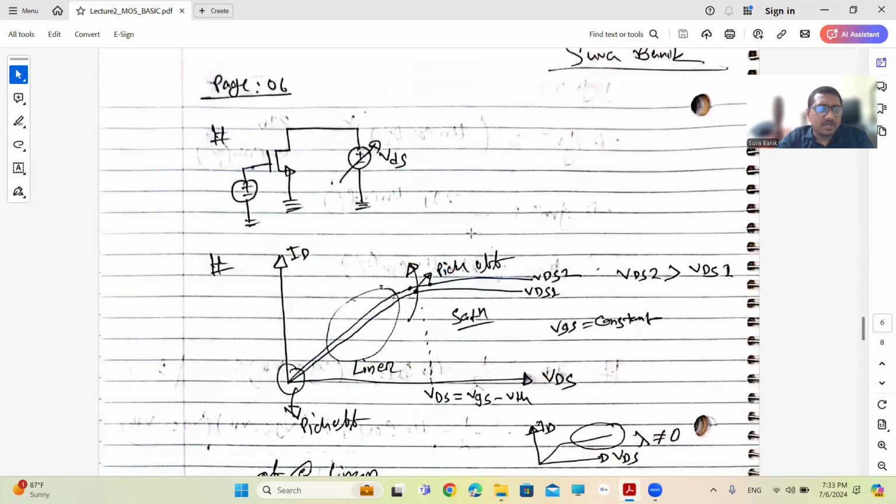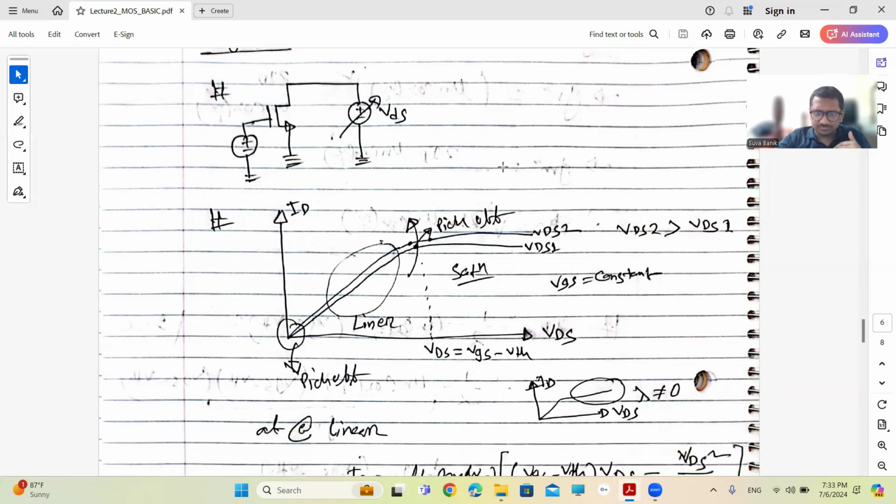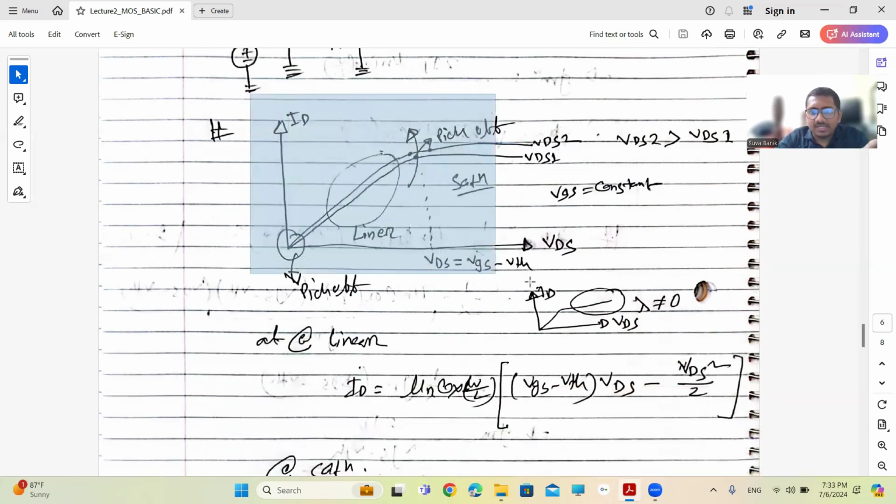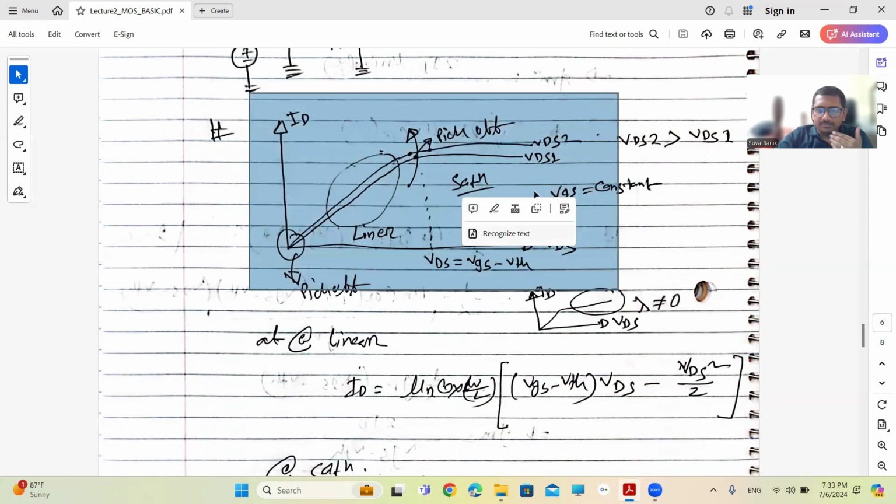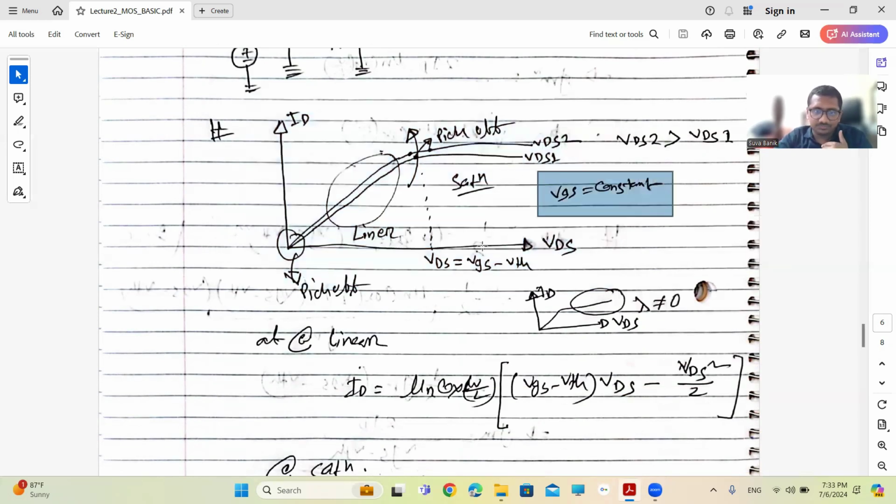Now if you consider this, this is the most popular one: if we keep the gate voltage constant and play with the drain voltage, then we find ID versus VDS. Here my VGS is constant. You can see if I increase VDS, my curve will shift upward, or can I say it shifts to the left side.